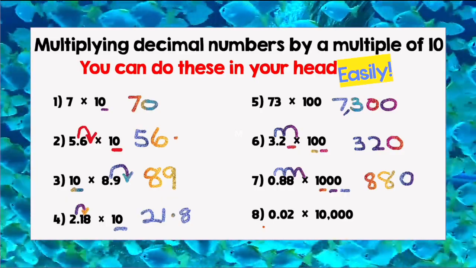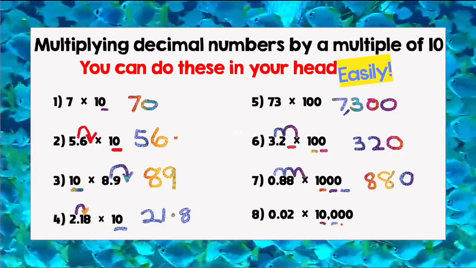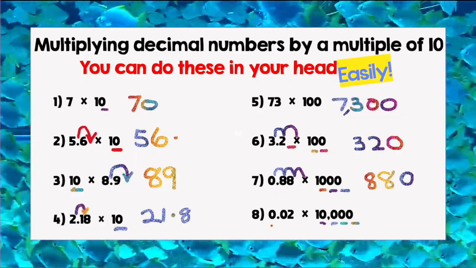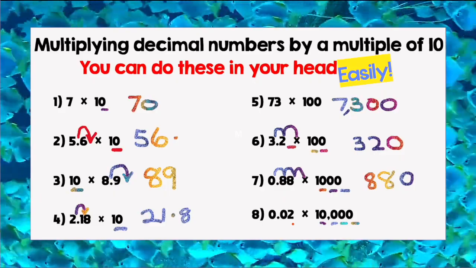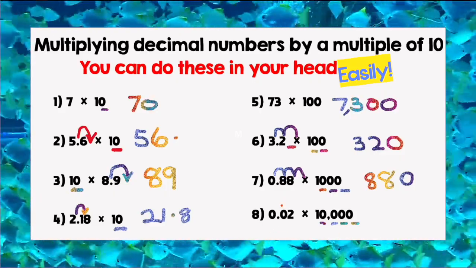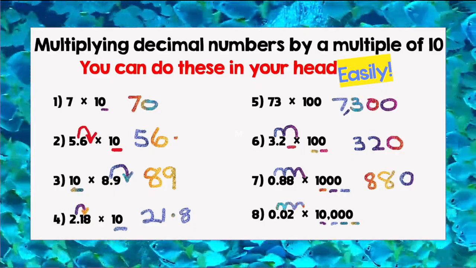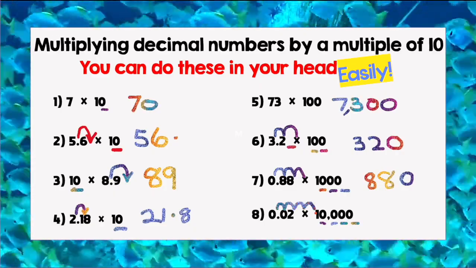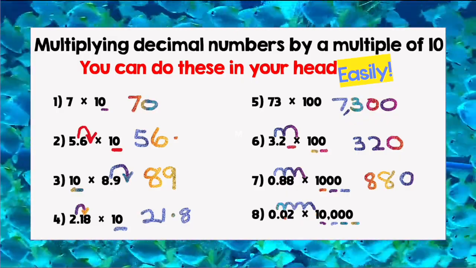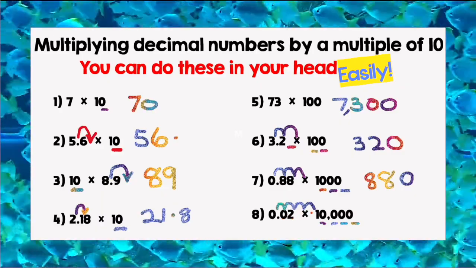And finally, in question number 8, we have 1, 2, 3, 4 zeros in 10,000. So we're going to multiply 0.02 by 10,000, and with the 4 zeros, that's 4 jumps. 1, 2, 3, 4. So the decimal place will go to the right, and the numbers here, you'll have 0, 0, 2, and then some more zeros.